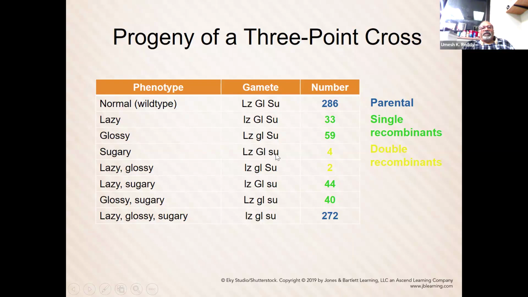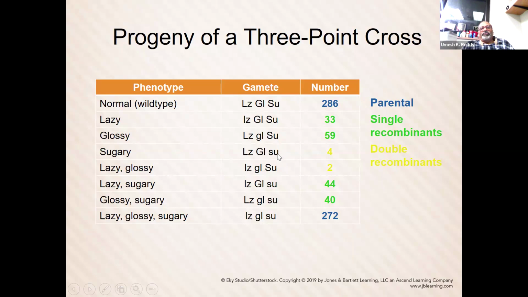Okay, so that is roughly this genotype, but sugary alone is changed. And whereas this one, lazy glassy. What is lazy glassy? Lazy glassy are totally two recessive parents, and then this sugary is changed.